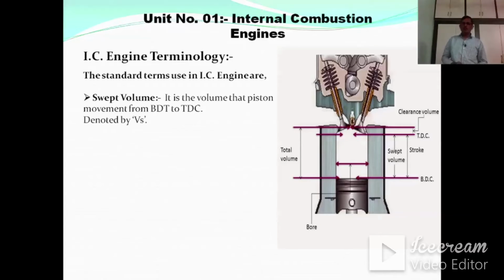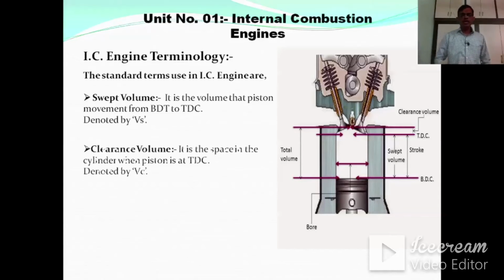Now next is the swept volume. What is the swept volume? It is the volume displaced by piston movement from BDC to TDC. As shown in the figure, when the piston moves from BDC to TDC, the volume occupied in this space is called the swept volume. It is denoted by Vs. Next one is the clearance volume.